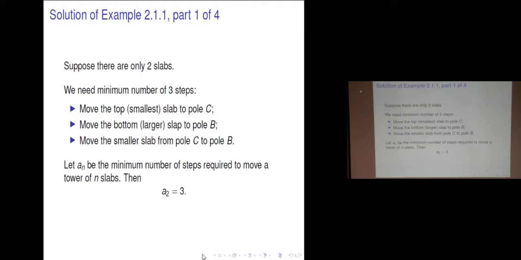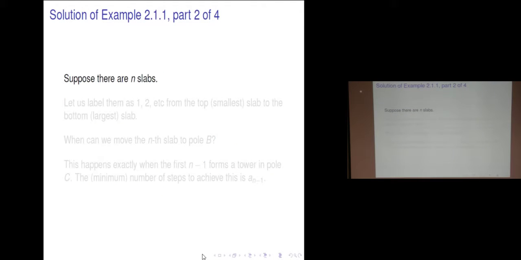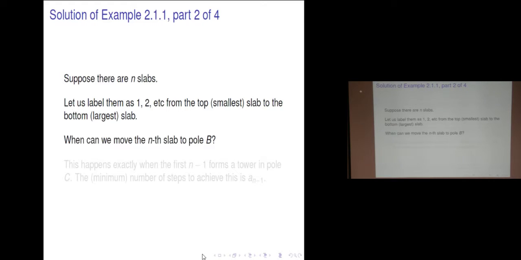Now the key observation is the following. Suppose there are n slabs. Let us label them 1, 2, etc. from top to the bottom. So the key observation is this.